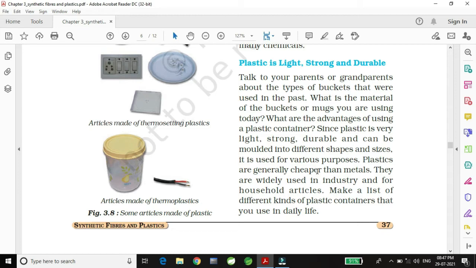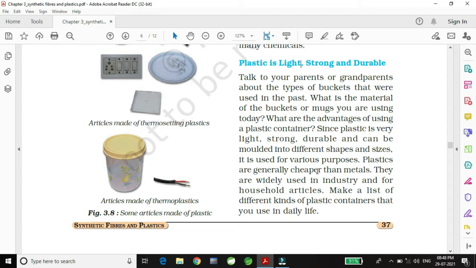So what it is saying is, if we ask our parents or grandparents what bucket they used in the past, mostly they used a bucket made of metal, and it was very heavy.